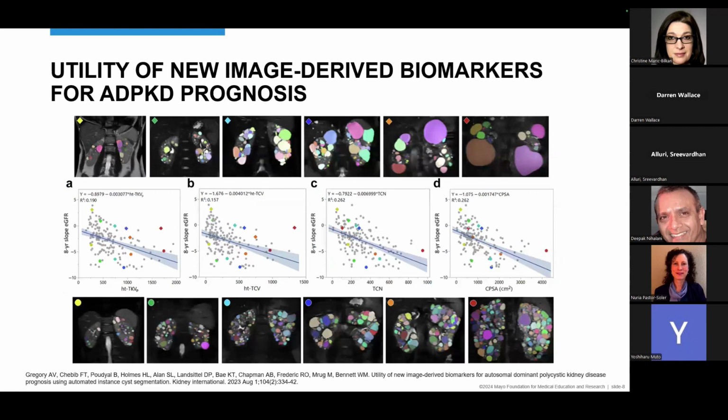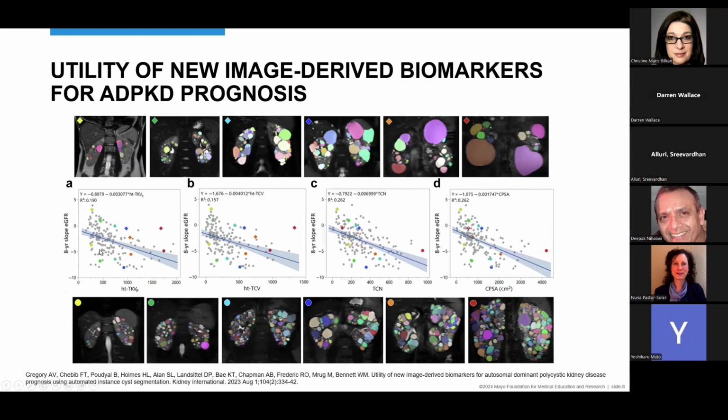And so, as I mentioned, this opens the door for doing a lot more investigation into the utility of these metrics. So this was a study that we published last year where we looked at using that automated AI tool to extract additional imaging biomarkers in the CRISP population.